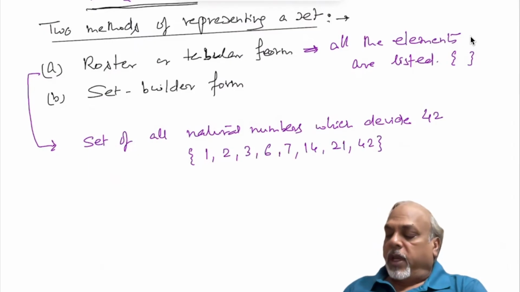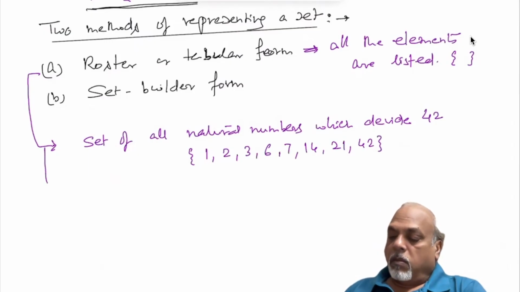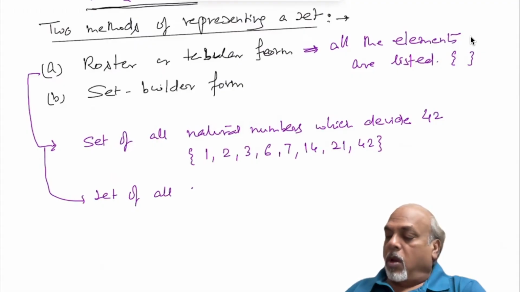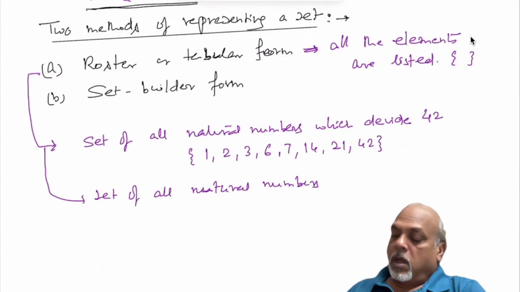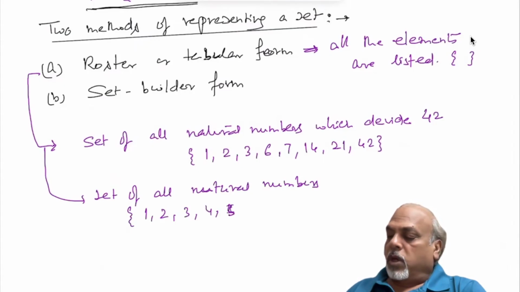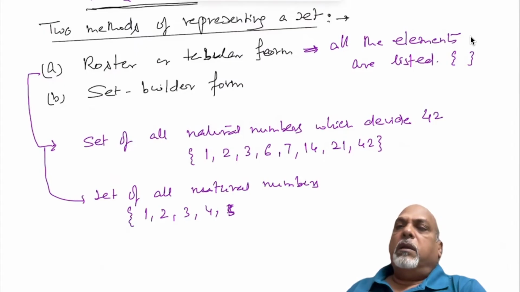Now, suppose if I say set of all natural numbers, then in the roster form, it is not possible to write all the natural numbers. Correct? Because this will go up to infinity.